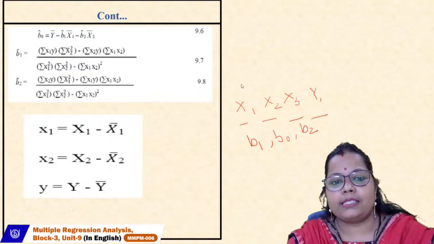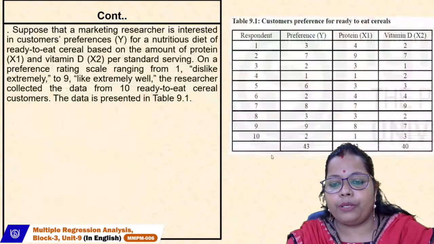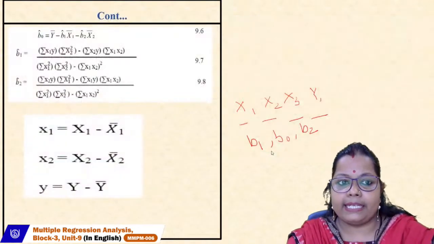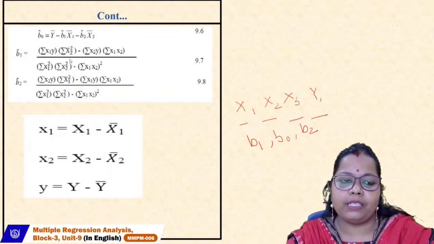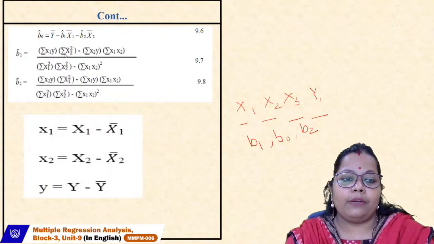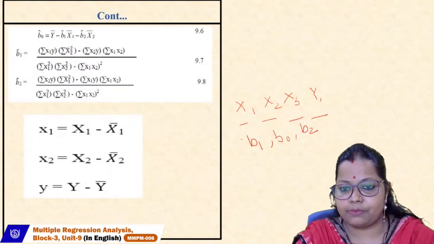So now the question is, we understand how b1, b2 and b0 will be found in terms of x1, x2, but what we observed is that the x1, x2 and y terms I have used in the formula are in small letters.